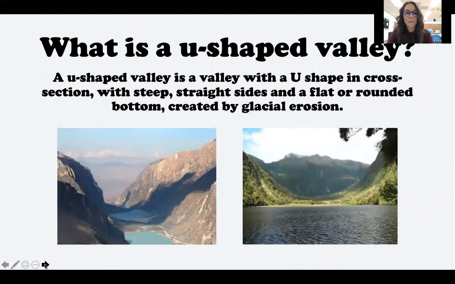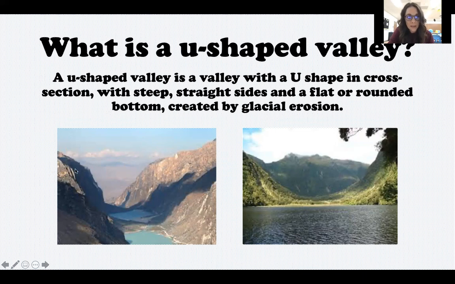So a U-shaped valley is exactly what it sounds like. It's a valley that is U-shaped. And it has steep, straight sides and a flat or rounded bottom, and it's created by glacial erosion. So remember, a valley is the space or the area between two mountains or hills.